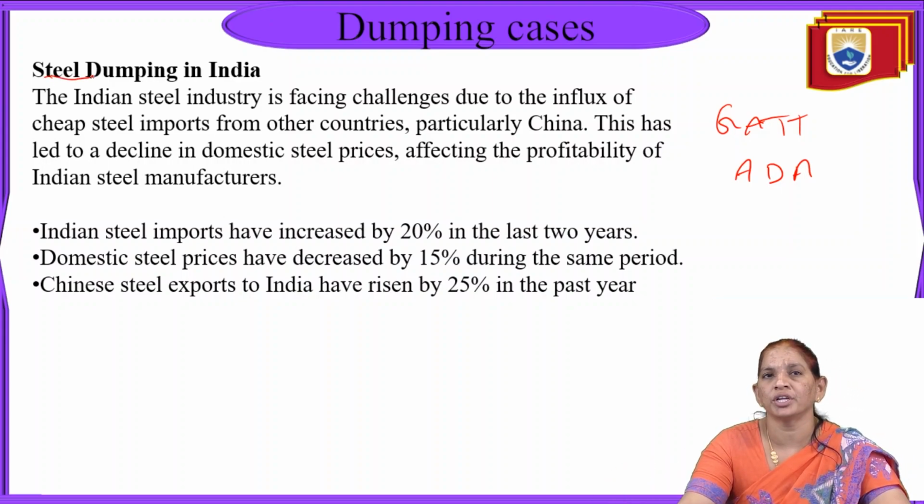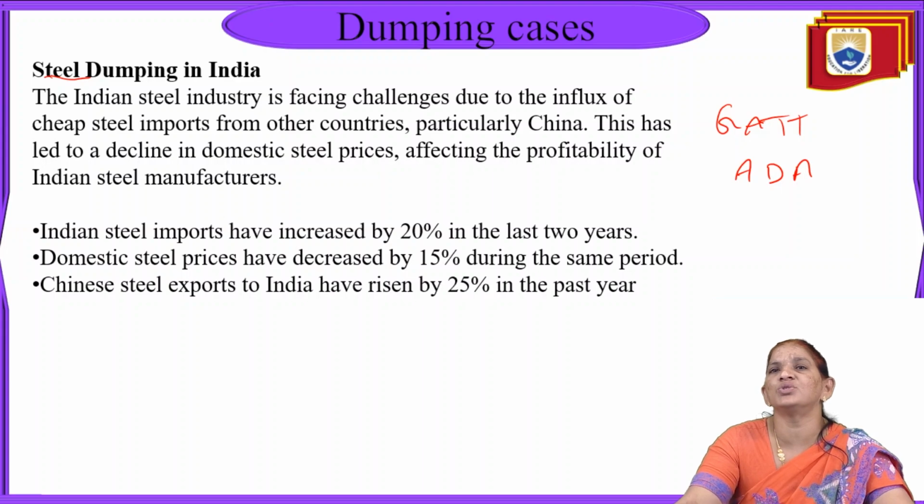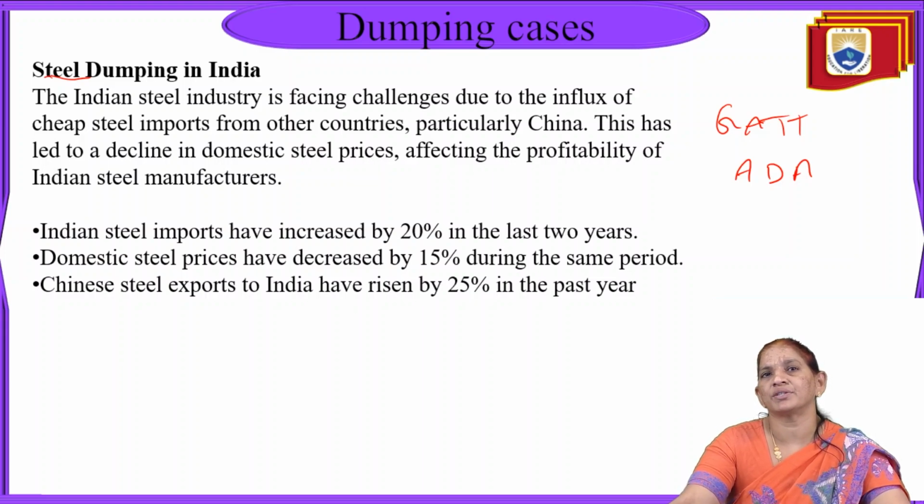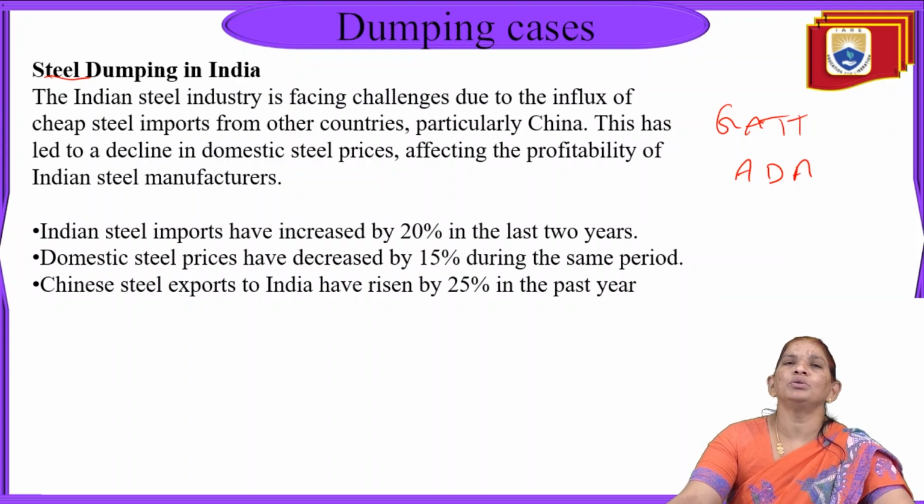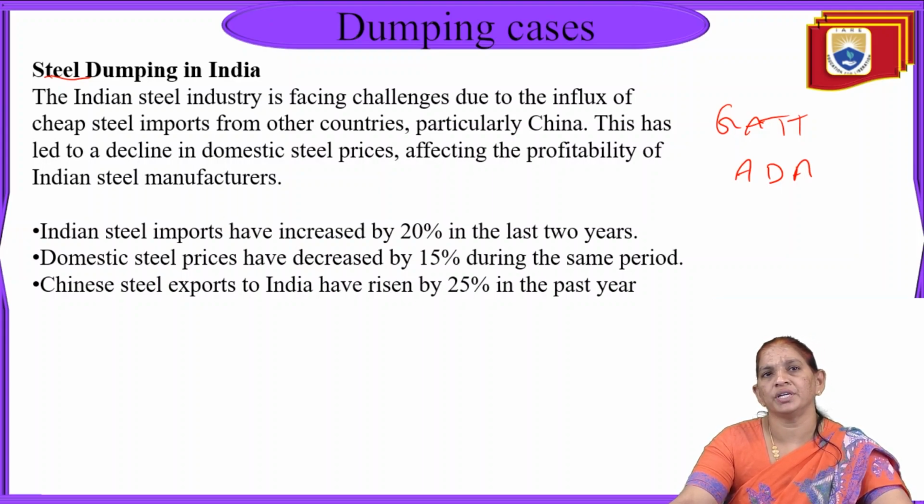For that, we'll look at one of the important products for the Indian sector, which is iron and steel manufacturing. India has a lot of firms in steel manufacturing, but due to the developing nature of the Indian environment, we are unable to be self-sufficient in steel manufacturing.